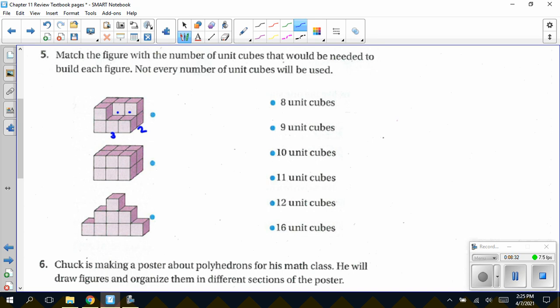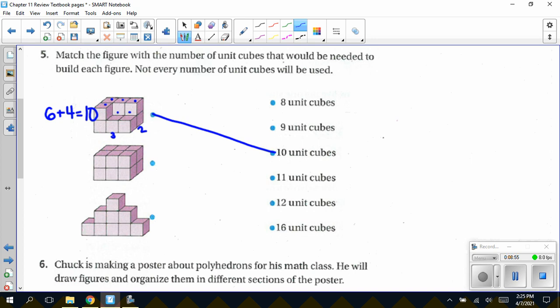So if I have 6 on the bottom, I'm just going to add how many are on the top. So I see 1, 2, 3, 4 on the top layer. So I have 6 plus 4, which would be 10 unit cubes. So I'm going to match that. On Schoology, you will be dragging that 10 up to match straight across.